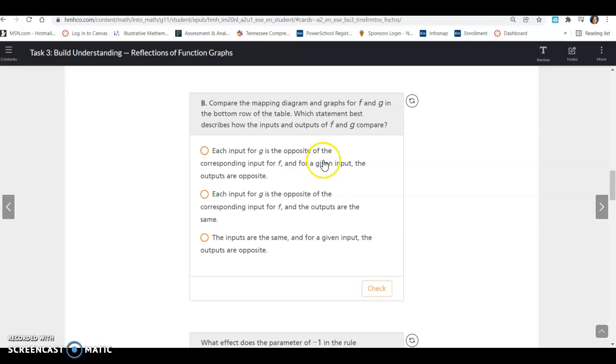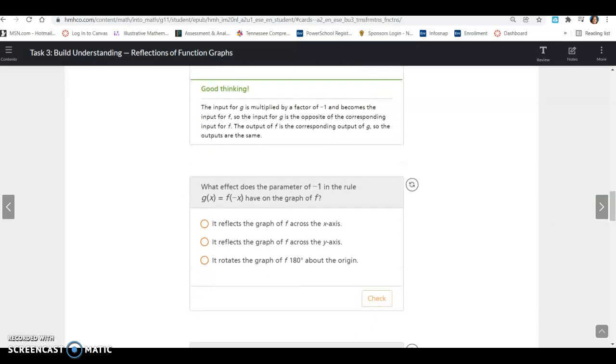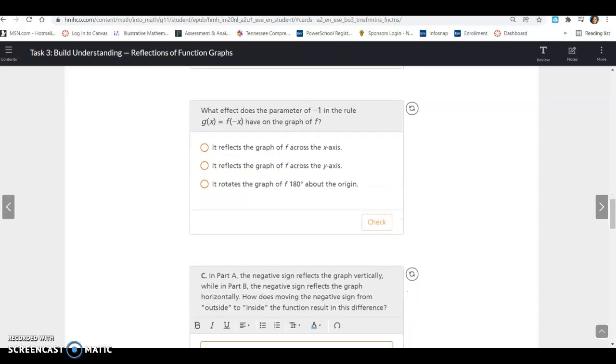Each input of g is the opposite of the corresponding input for f, and the outputs are the same. Okay, so the outputs are the same. Alright, so what effect does the parameter of negative 1 in the rule g of x equals f of negative x have on the graph of f? So when it's inside, it reflects across the y-axis. So that's the middle one here.